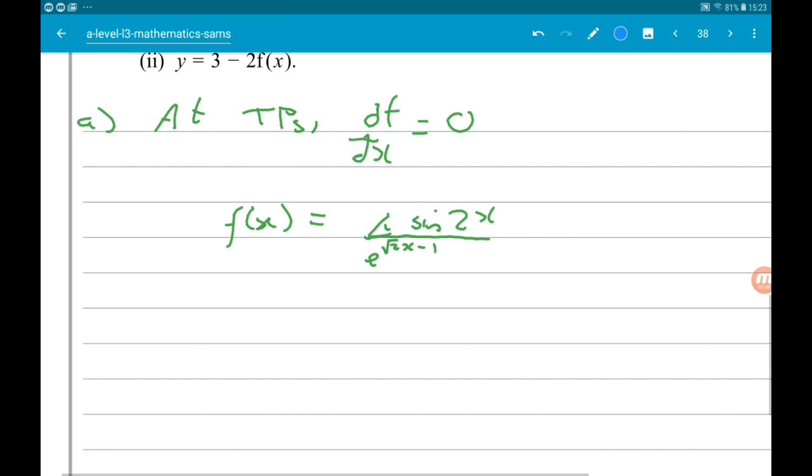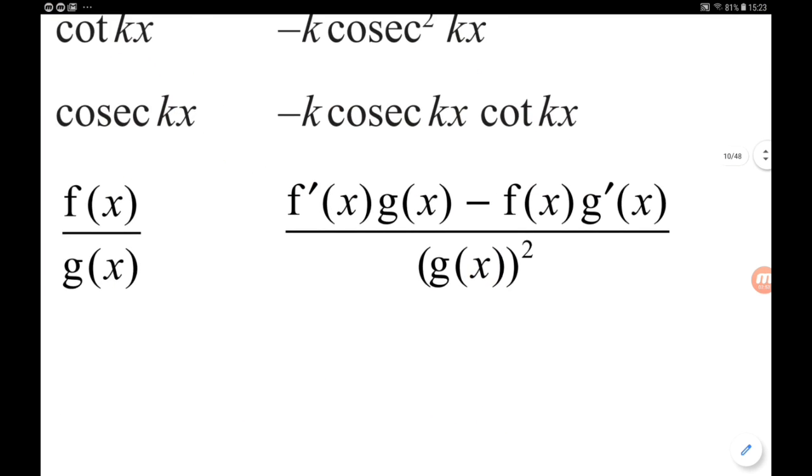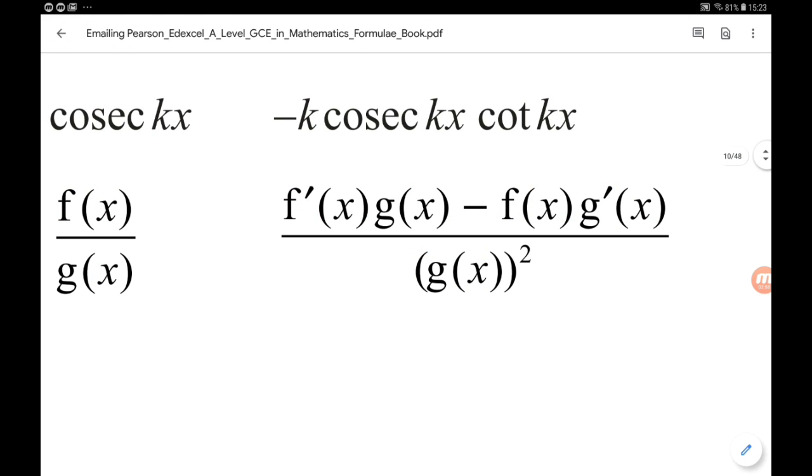Now we are given this. It's in terms of f and t, but we're going to be using u and v.